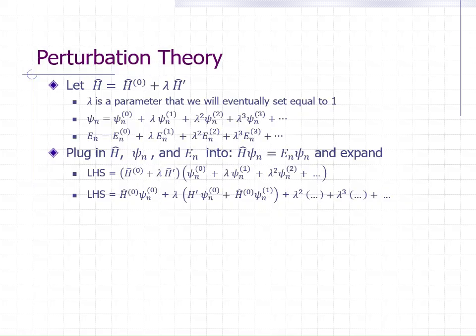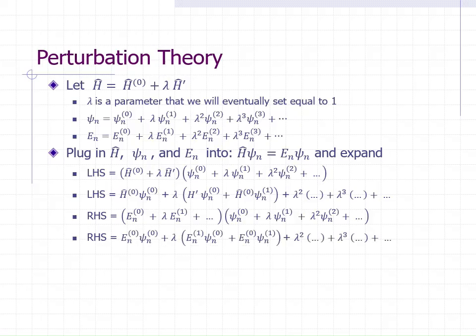For the right-hand side, multiplying the power series expansion for E sub n by the power series expansion for psi sub n ultimately gives us the zeroth order energy times zeroth order wave function, plus lambda times something, plus lambda squared times something, and so on.